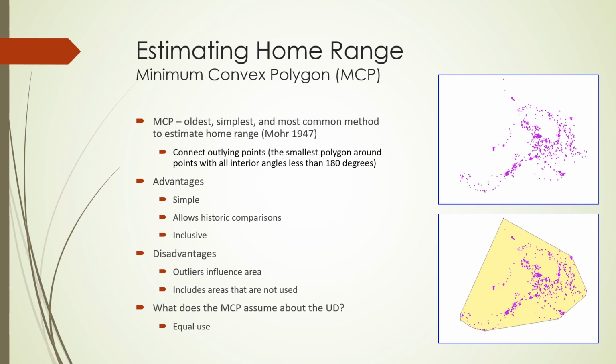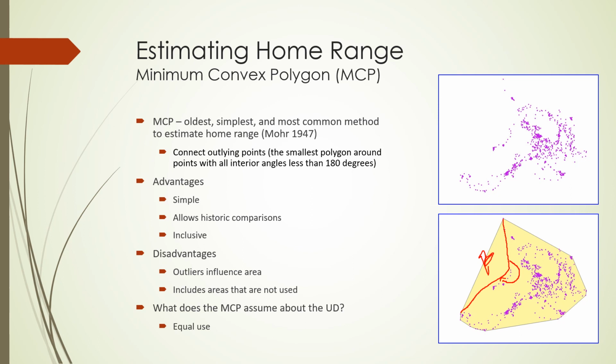Well, you might be tempted, if you were to look at this cloud of points here, to say, well, here's an outlier, but geez, this is area that's not being used by the animal. So let's just draw a line from here to here and then back out to here. Okay. The problem is now that this interior angle that you're creating is going to be greater than 180 degrees.